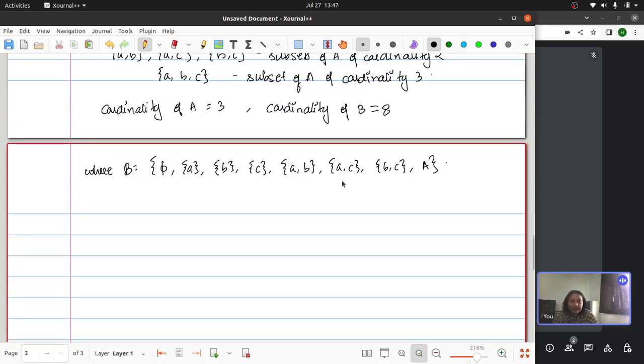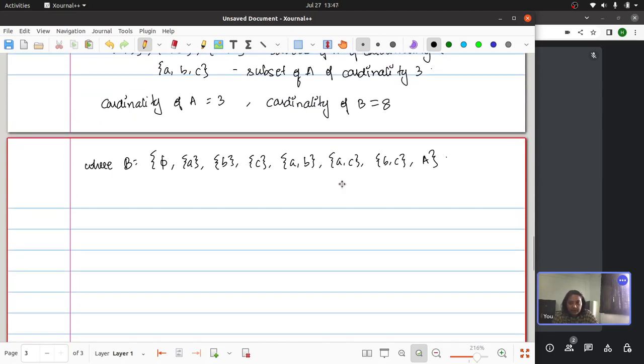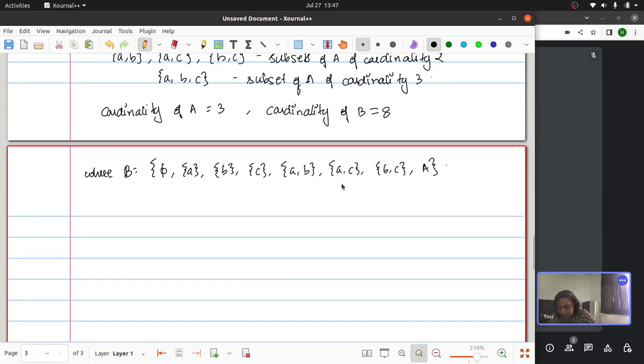This is in fact true in general. You can just verify this result.